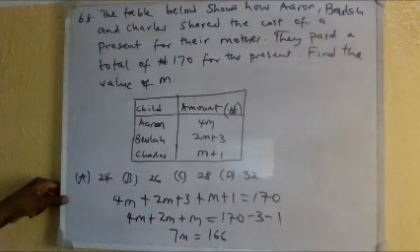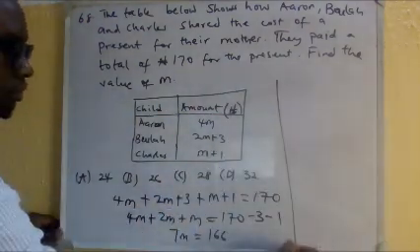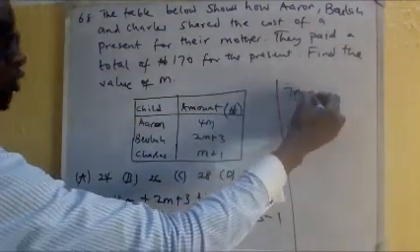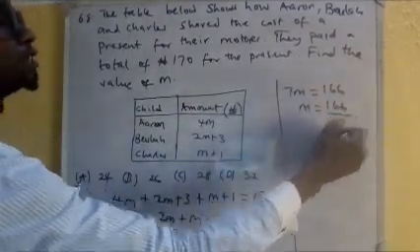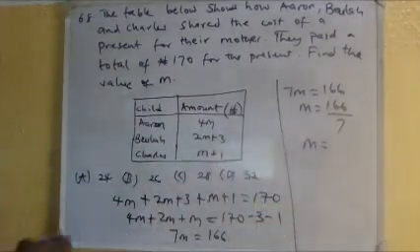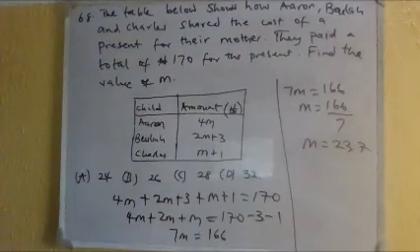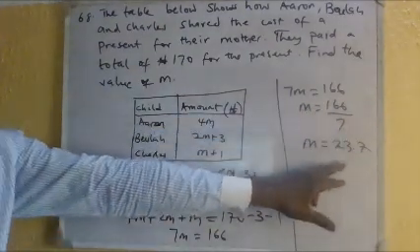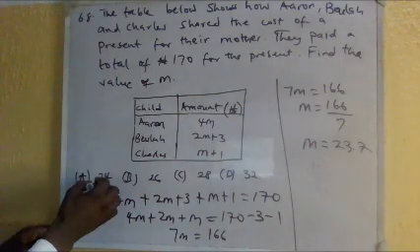When I divide both sides by 7, M is equal to 166 over 7. So I'll do the maths. When I divide 166 by 7, I have 23.7. So the closest answer should be 24, as if you round this up to the nearest whole number.